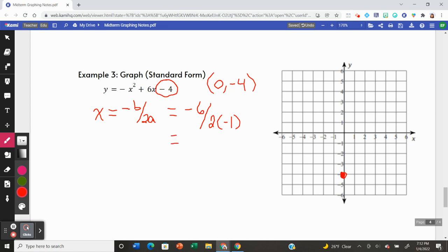So in that case, negative 6 over negative 2 is a positive 3. So we know that our axis of symmetry and the x-coordinate of the vertex is somewhere along that line where x equals 3. To figure out what the y value of the vertex is, let's plug that 3 back into our equation and evaluate.